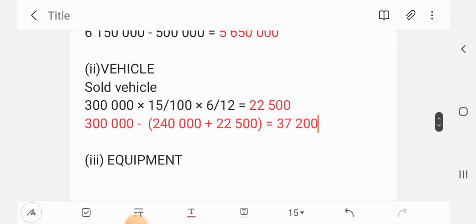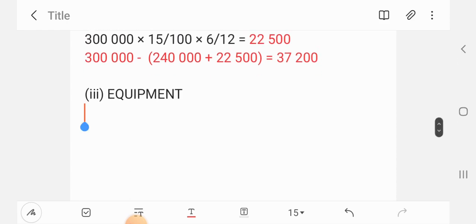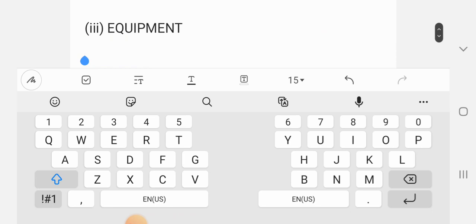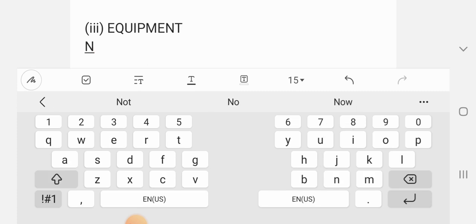So that is the calculation for number 2. And then for number 3, a new vehicle was bought. New equipment was bought, sorry. So let's do new equipment.